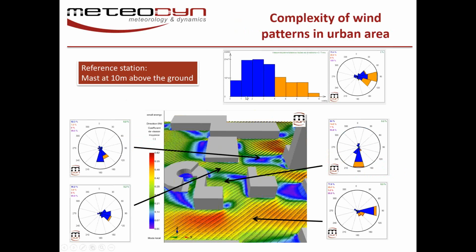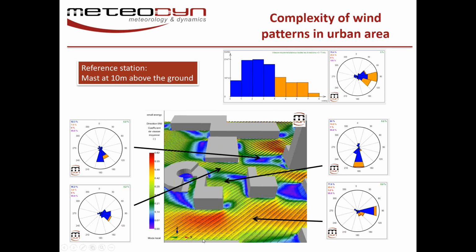Here is an example of a wind rose at the reference station, which is usually at the airport. We have the prevailing wind coming from the east, and an annual average of about 3.17 meters per second, 3.2 let's say.